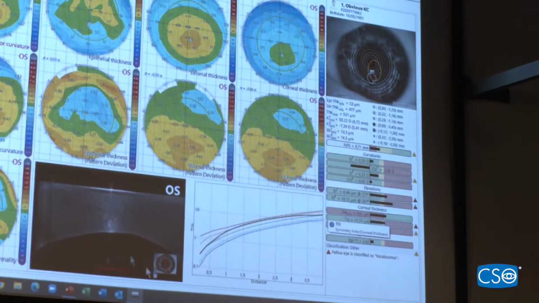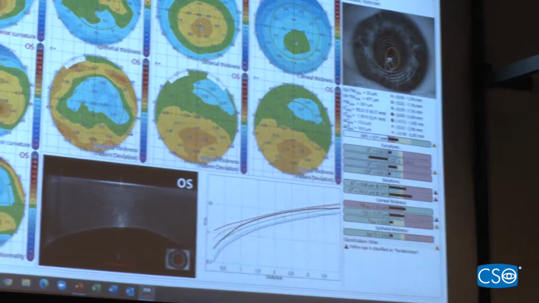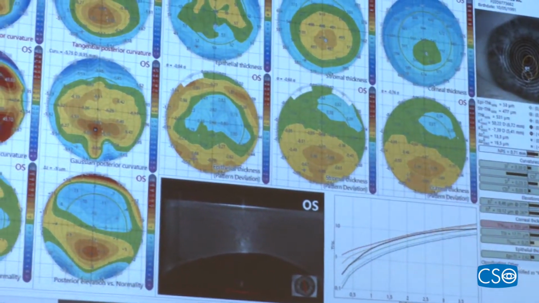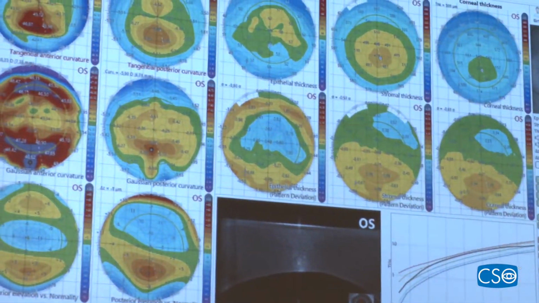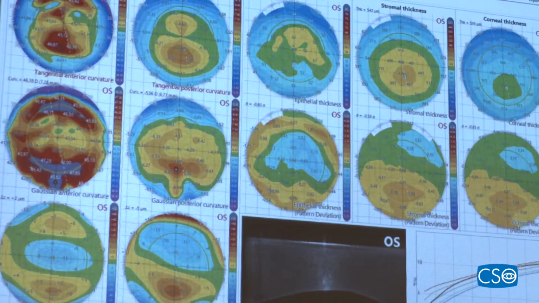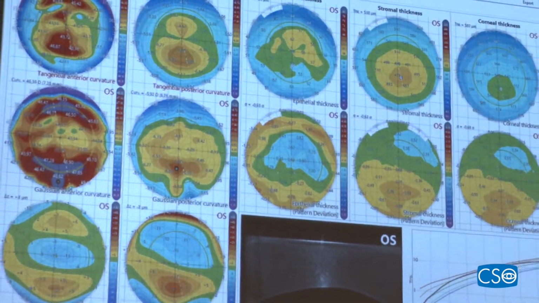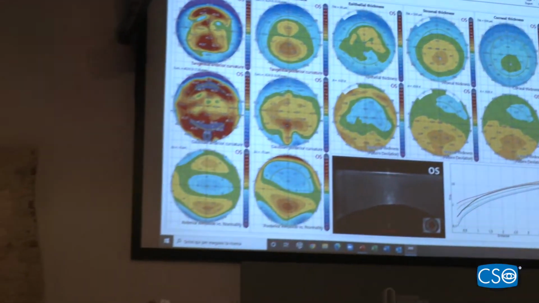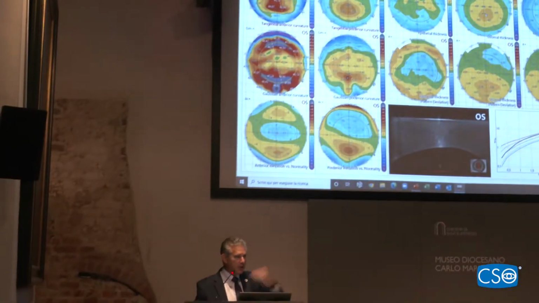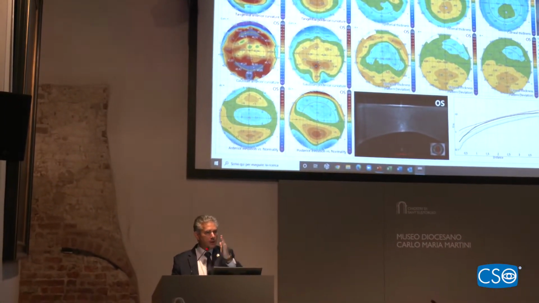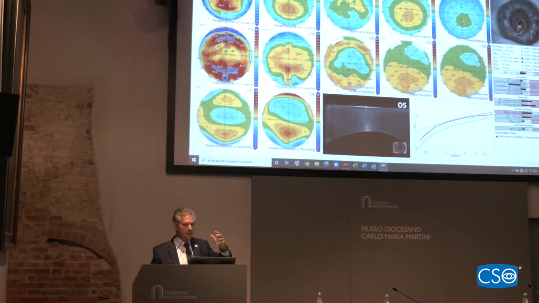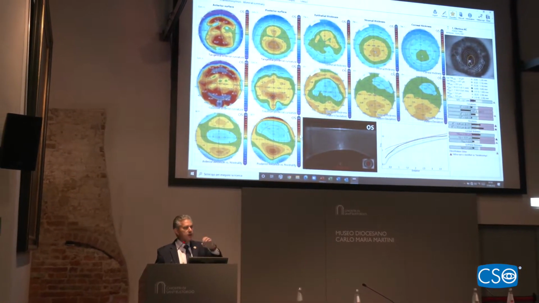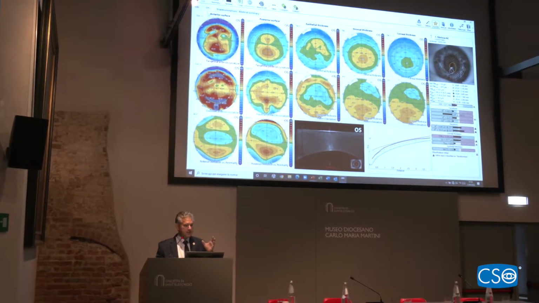But this part of the panel was designed by me and my team in London, because we have been using this kind of collage for years now, trying to put everything on one cockpit display so that we can see everything simultaneously and localize and compare irregularities between epithelium up here and, let's say, the back surface here. So the logic of this panel is like this.